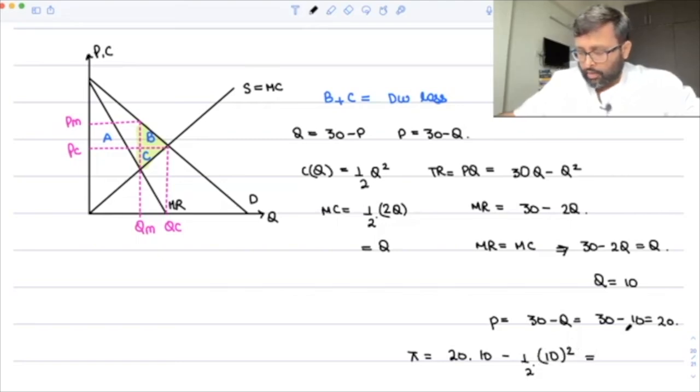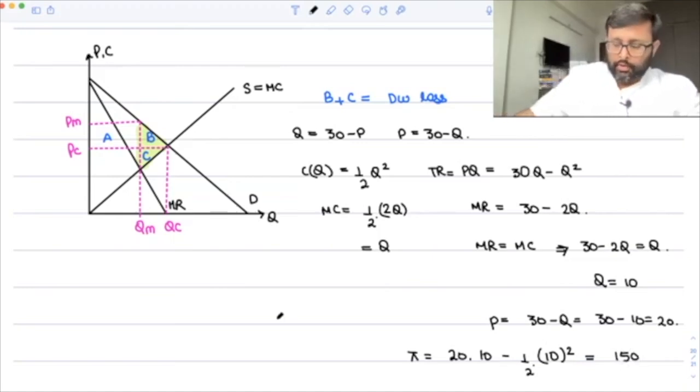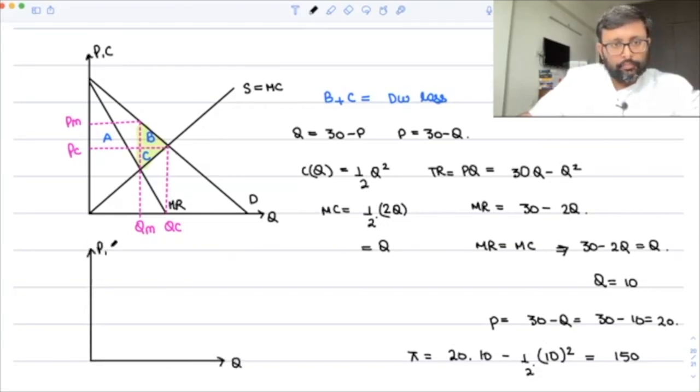Minus cost. So this thing comes out to be 150. Fair enough? Okay. So if I just want to draw this, demand curve. So I've just drawn this 30-30 like this.